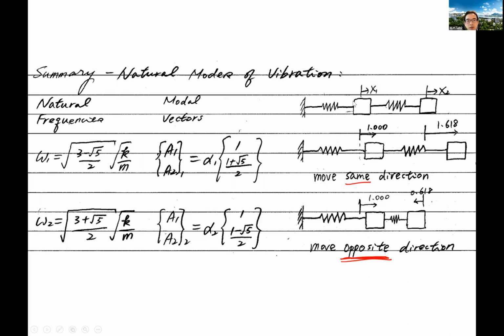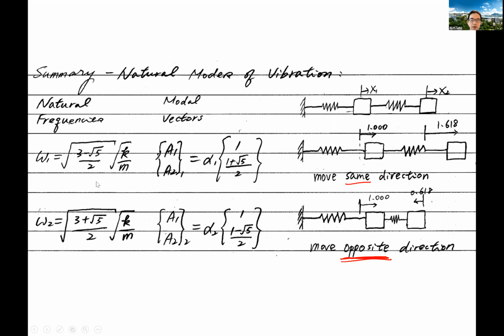So that's the original system, and then we find the natural frequencies, omega 1 and omega 2. As I mentioned, because now we have 2, one is bigger than the other. The lowest one we put as 1, the so-called fundamental natural frequency.